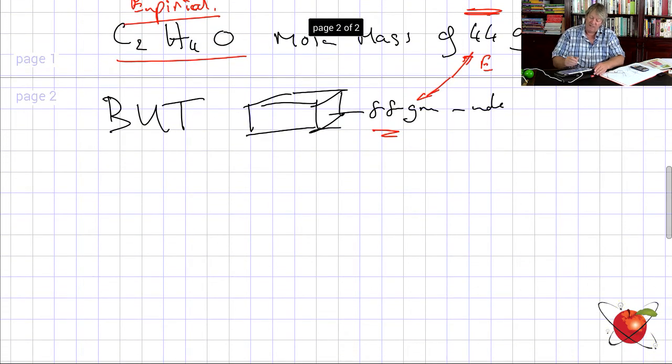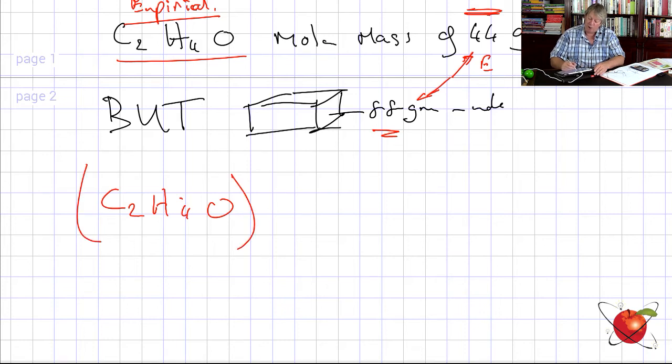Therefore, it must be C2H4, H4O. I need to have 2 of them because the mass of this is 44 grams per mole, right? Therefore, I need 2 of those, all right?